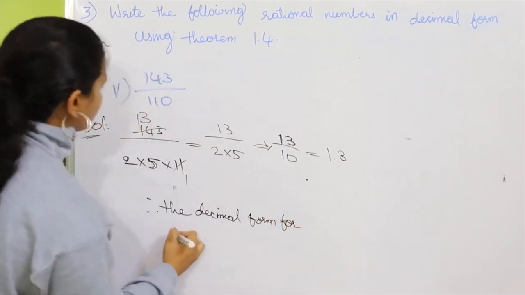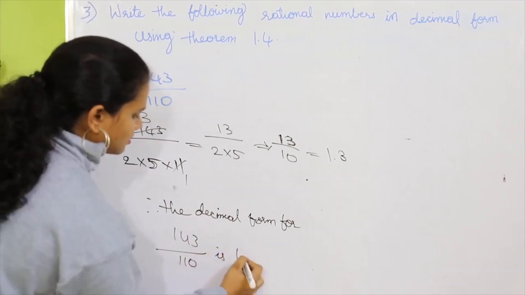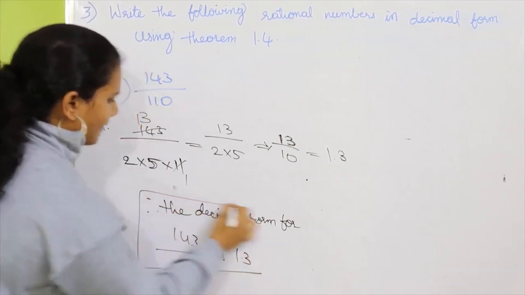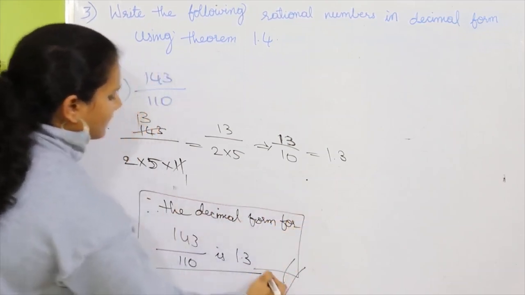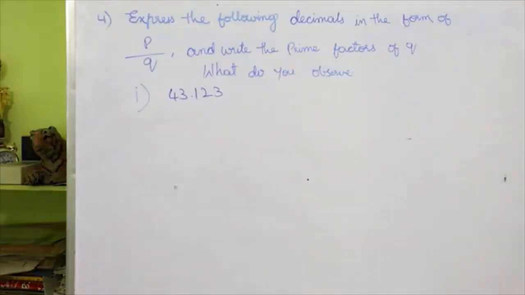Therefore, the decimal form for 143 by 110 is 1.3. Clear, guys. Let's start with the fourth one. Express the following decimals in the form of p by q and write the prime factors for q.